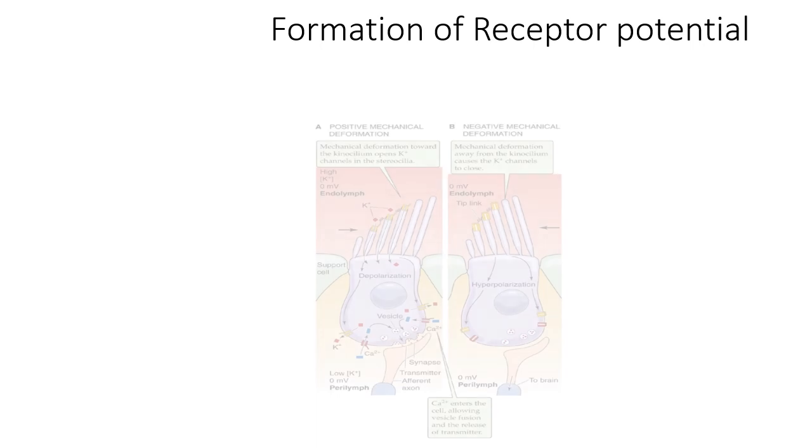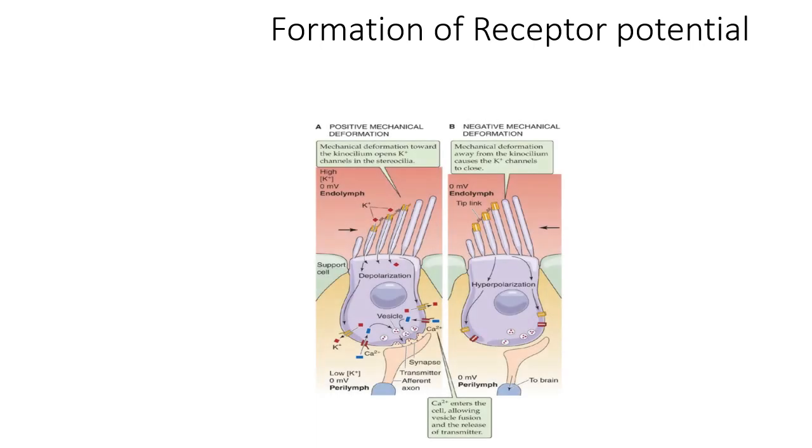Lastly, we are going to discuss the formation of receptor potential. In these two diagrams, we are showing the hair cell, how it is getting depolarized and how it is getting hyperpolarized, in which situation.